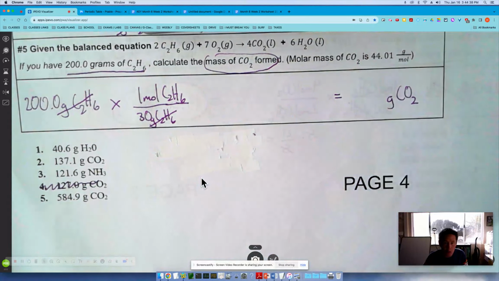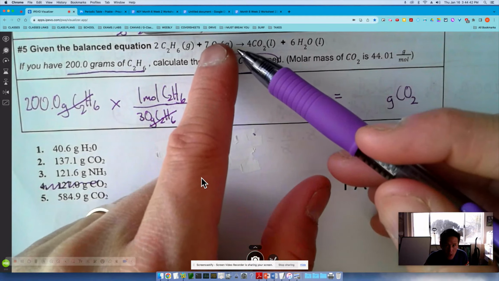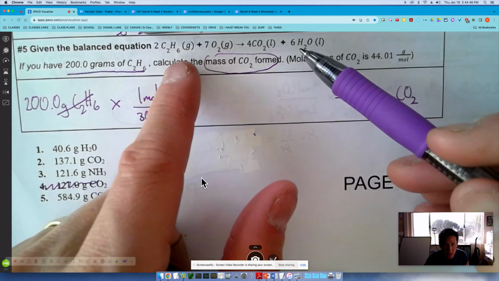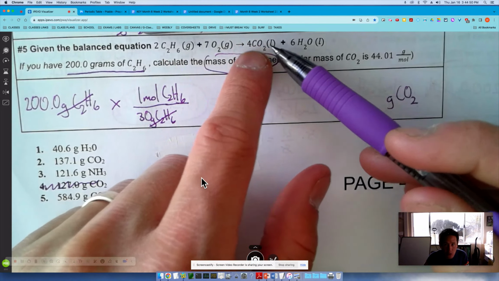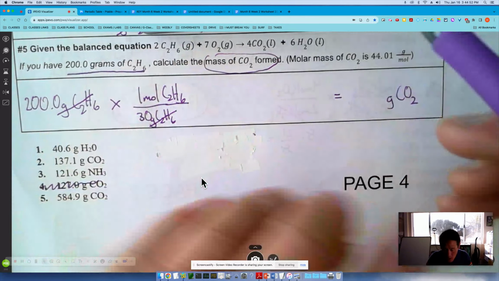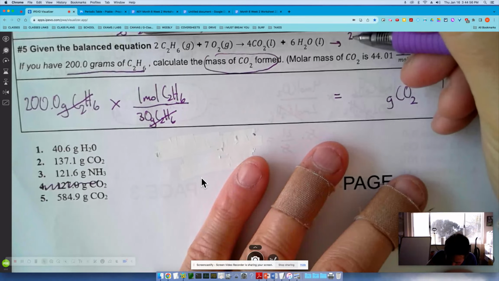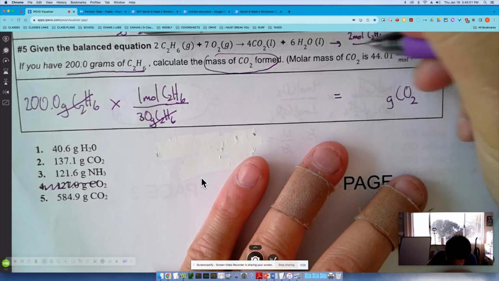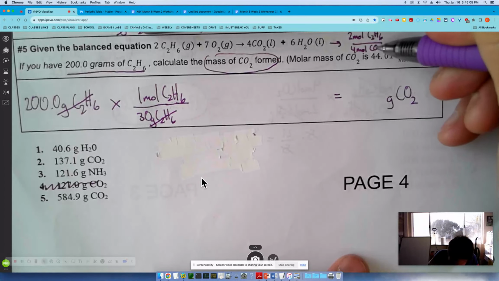I can multiply this by a conversion ratio factor between moles of C2H6 and moles of CO2 in this chemical reaction. How would that look? Well, I could write it like this: for every 2 moles of C2H6, I create 4 moles of CO2.